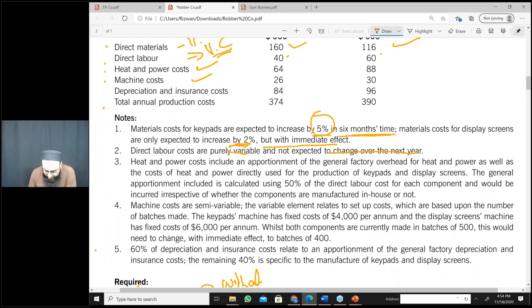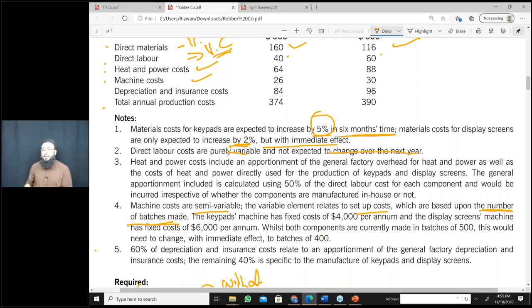The variable element relates to setup cost, which are based upon the number of batches made. Okay, now this is very important. Just understand, otherwise you will get confused later on. It says the variable element relates to setup cost, which are based upon what? Number of batches made. Just write it here. It is based upon number of batches made.